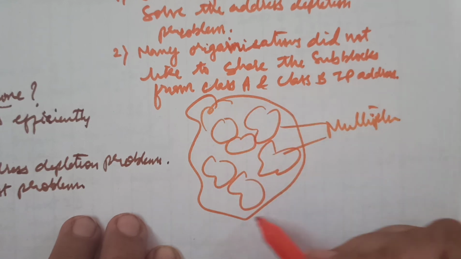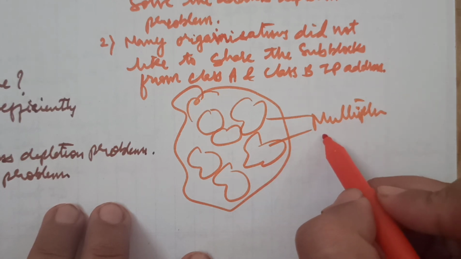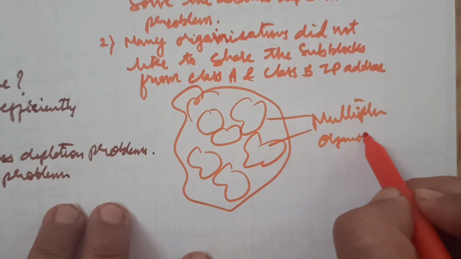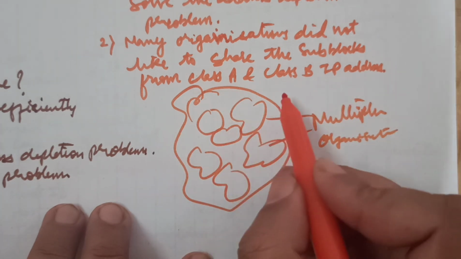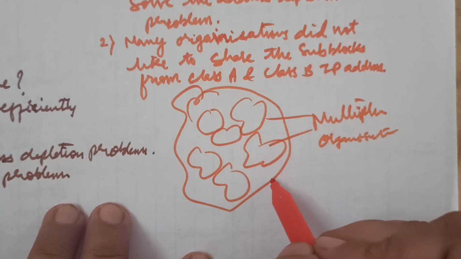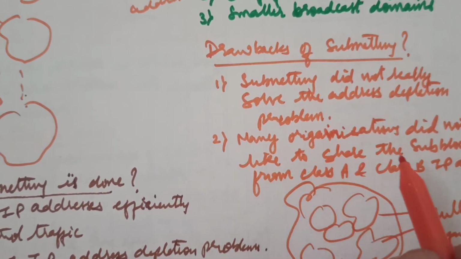Or large size class B addresses are subnetted into smaller ones and shared among multiple organizations. So some of the organizations did not like to share the subblocks from these class A or class B IP address networks. So these are the drawbacks of subnetting.